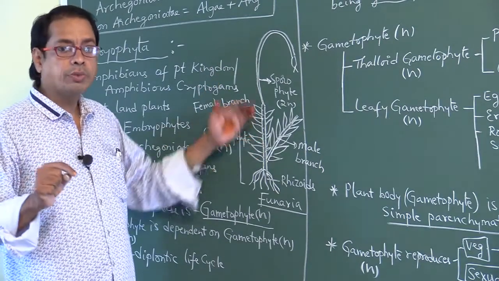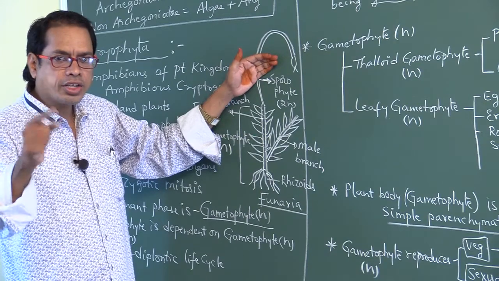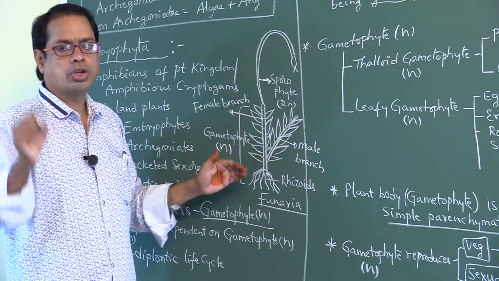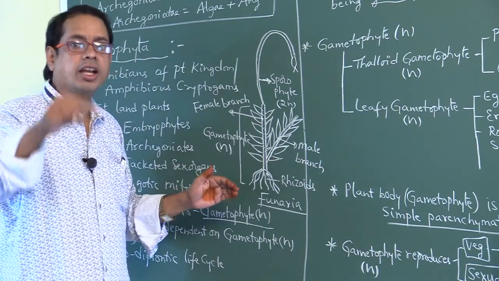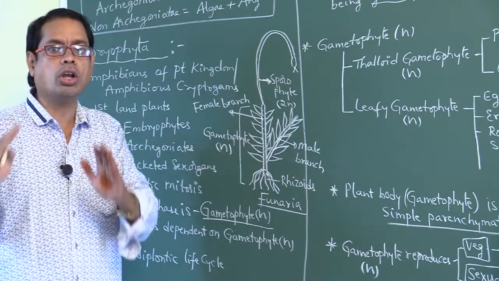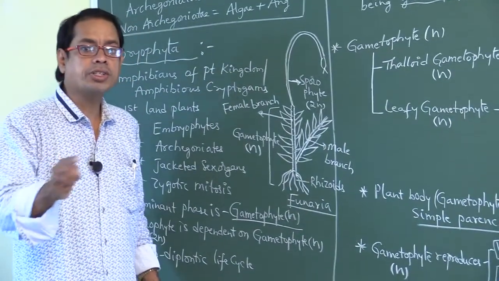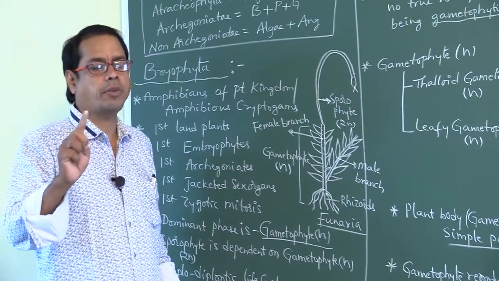True. The sporophyte is nutritionally dependent on the gametophyte. True. So, the sporophyte is physically and nutritionally dependent on the gametophyte. That's why the sporophyte is a partial parasite on the gametophyte.